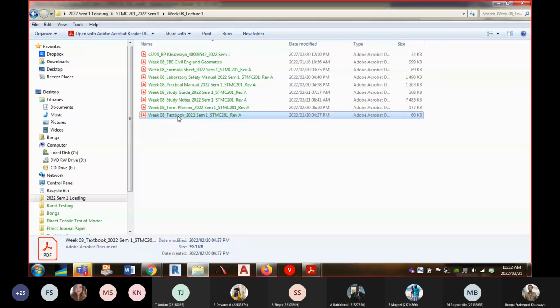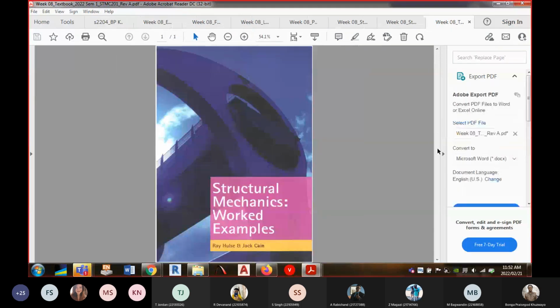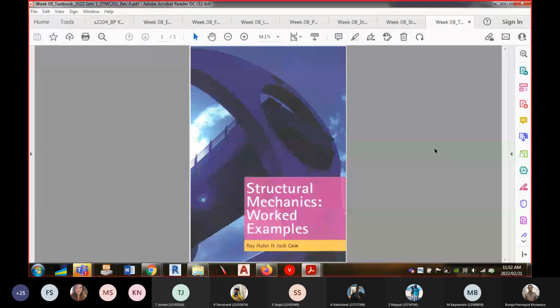I think I need to show you the book that you were supposed to get last year. It came late. Most of you in fact were doing Structural Mechanics 1B. This book was ordered on time.